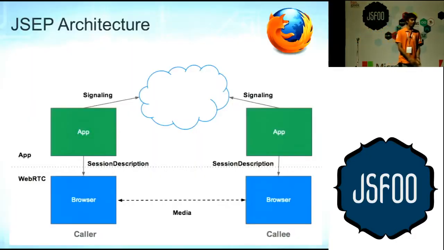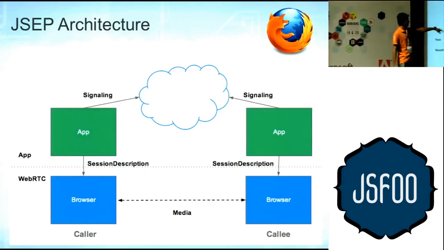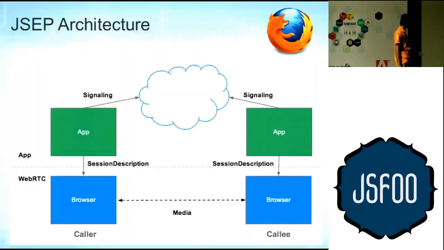The architecture for this peer-to-peer channel is called JSEP. JSEP stands for JavaScript Session Establishment Protocol. So it's exactly as I described, right? The caller sends a signal and the callee receives the signal. And then the callee sends back an answer and the browser receives the answer.